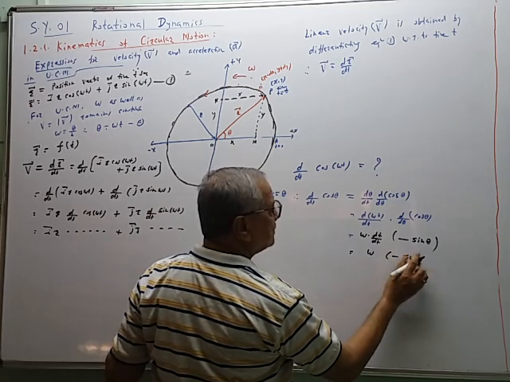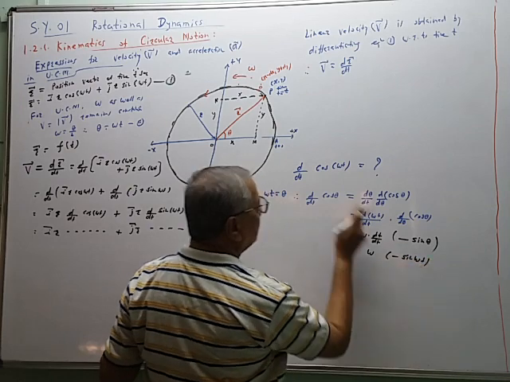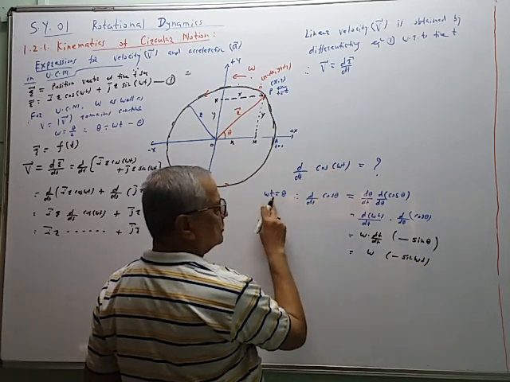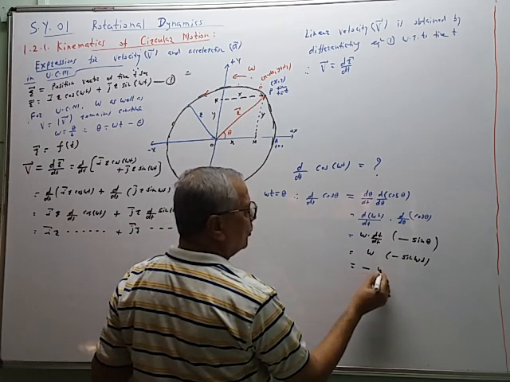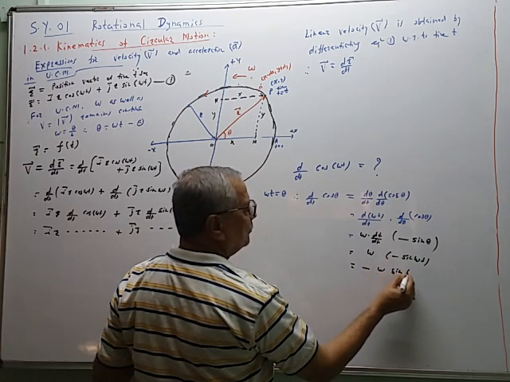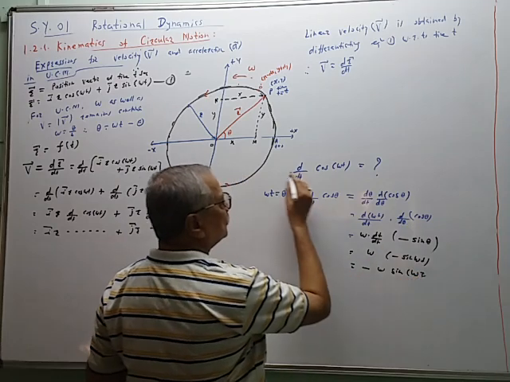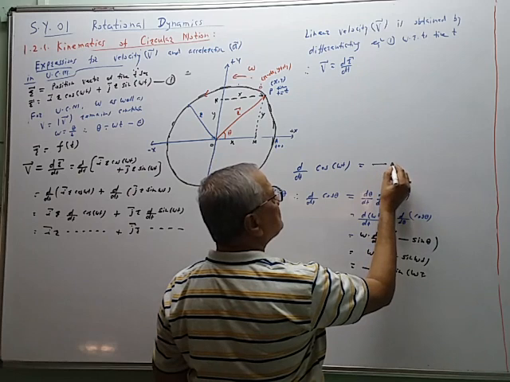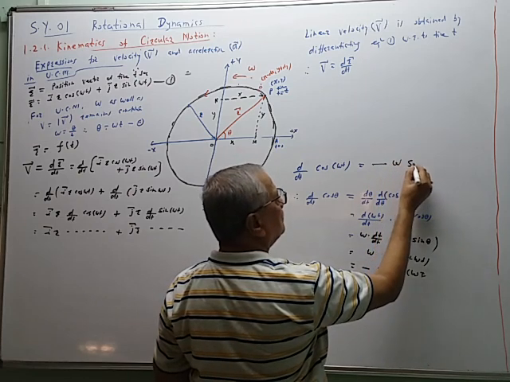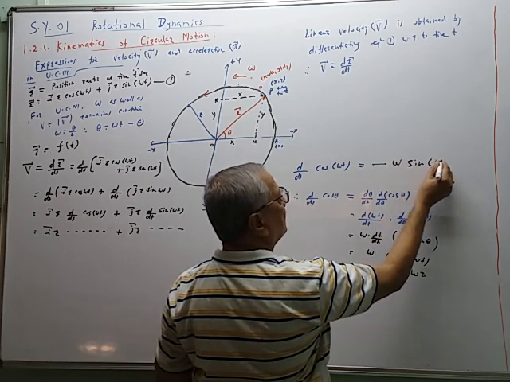Again this theta is replaced by omega t, and therefore the complete answer is minus omega sin of omega t. So the derivative of cos of omega t is equal to minus omega sin of omega t.